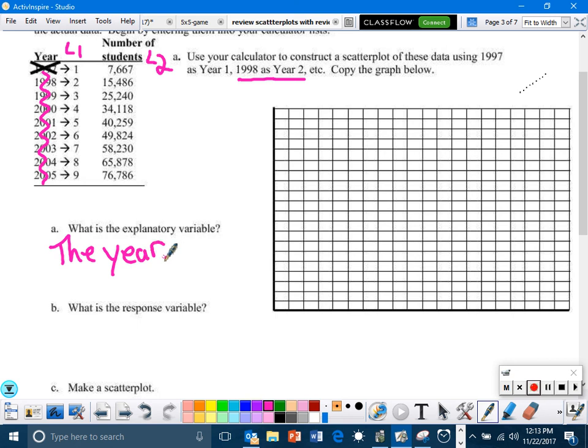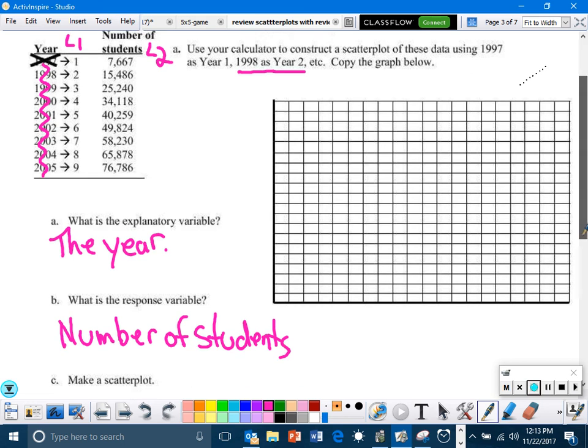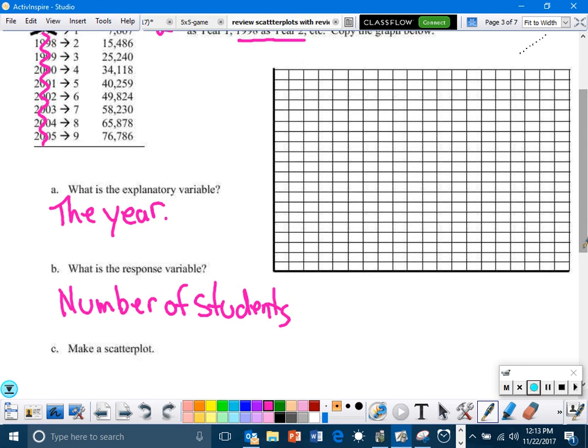The year explains the response, which is number of students. Okay, I'm going to just go ahead and put those down on my graph already. So I'm going to put year here. Again, numbers are not needed, just a sketch. And number of students.